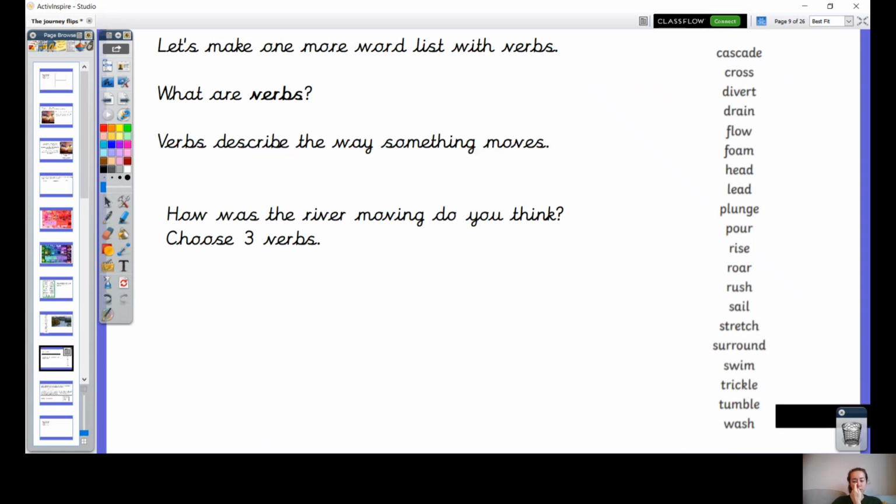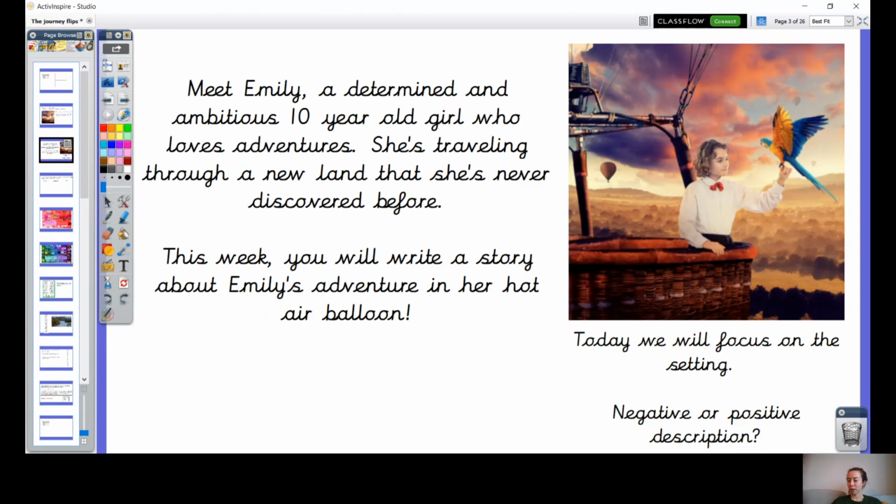Well, verbs describe the way something moves. So we're going to have a think about how the river's moving. Now, if we have a look back at that picture again, we're going to imagine that this is a lovely river. Is it a gushing river? Is it fast flowing, or does it look very gentle to you?